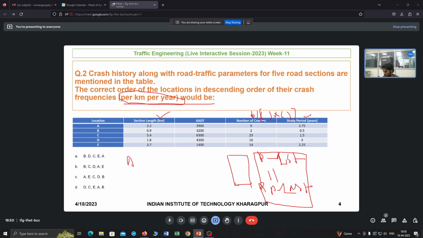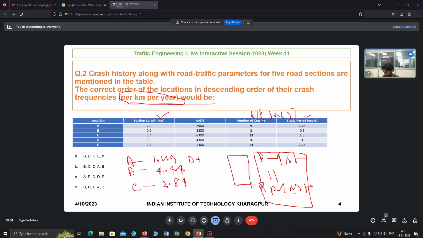For the first it is 1.49. For the next it is 2 by 0.5 into 4, which is 4.4. For C it is 30 by 5 into 2, which is 2.84.